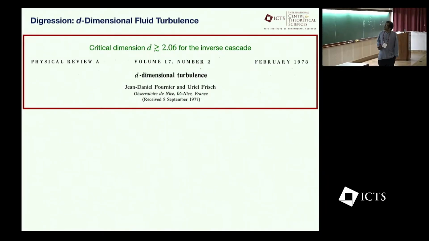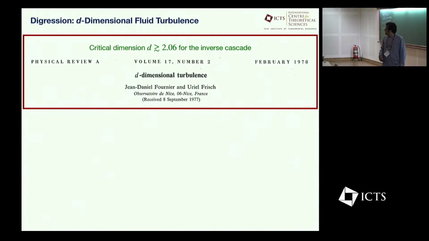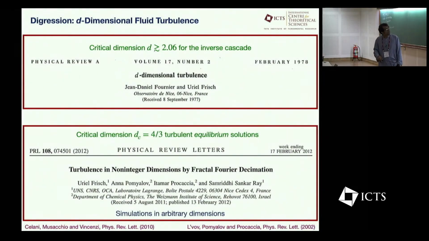The early study goes back to Fournier and Frisch, who showed in this paper several decades ago that you do indeed have a critical dimension in these problems, where the famous inverse cascade and the role of condensates get limited for dimensions greater than 2.06.